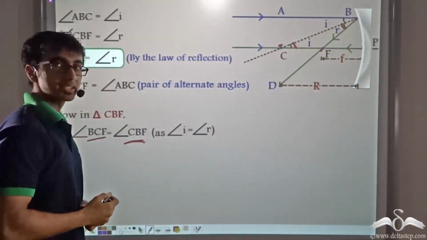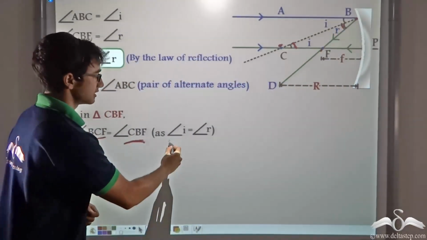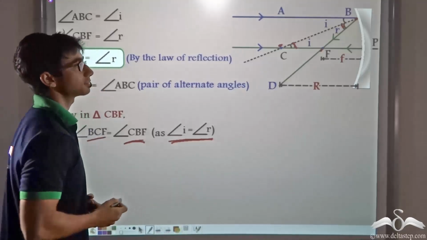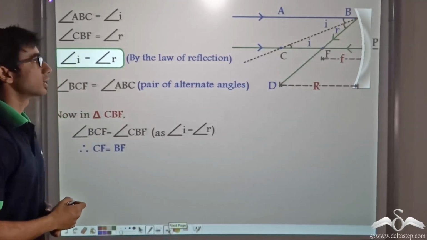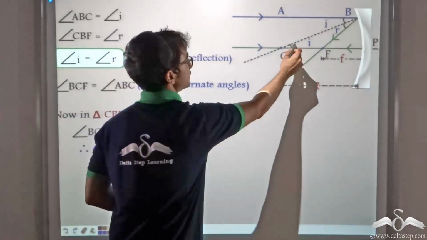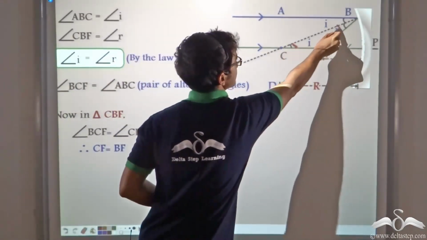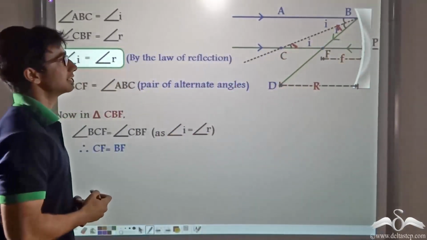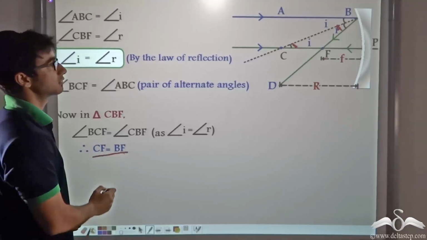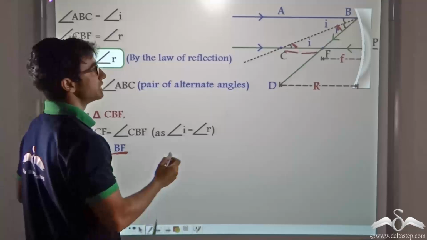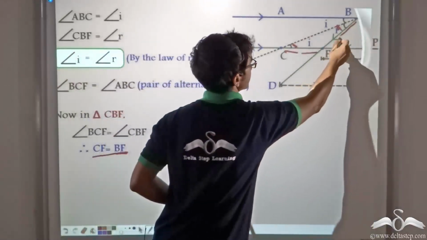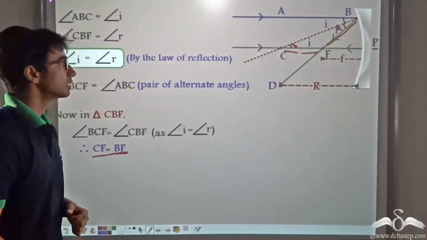Why? Because angle i is equal to angle r. Now since this angle is equal to this angle, we can say that side CF is equal to BF, that is this side.